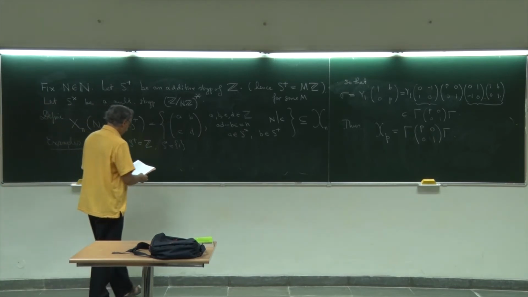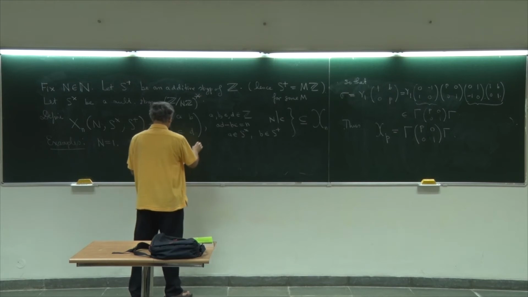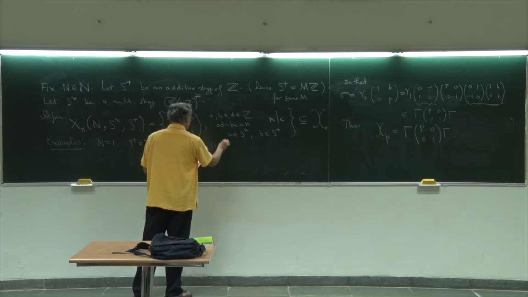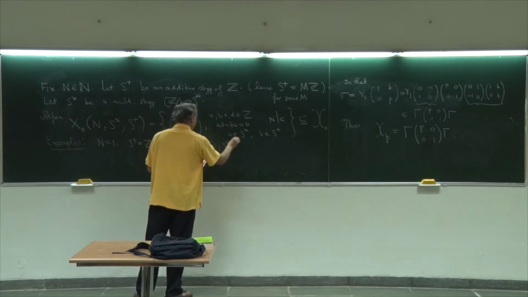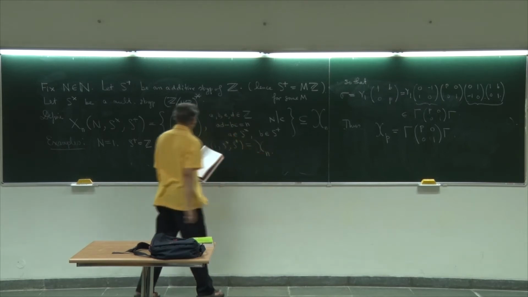S^× would be just 1. Then X_n will just be equal to that.